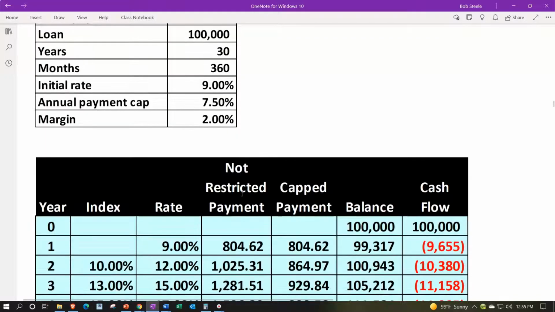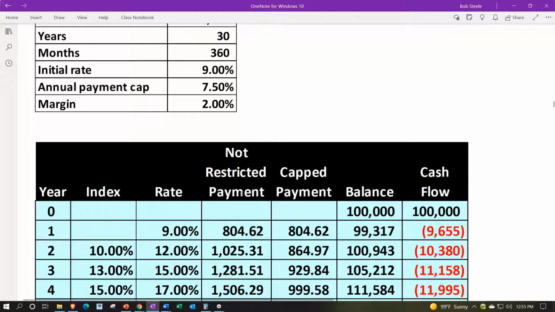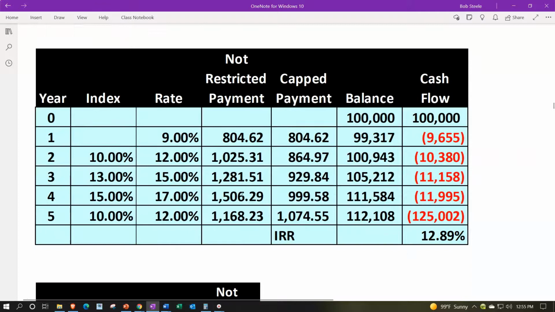So if we look at our table, this is an overview of the table. Then we'll go back in and go into a little bit more detail. It'll start off kind of similar to the prior ARMs that we have taken a look at, in that they're going to be based on an index. The index is something that we don't know up front, but it's going to give us some idea of what's happening on the market. Then our rate is going to be some multiple of it. In our case, the margin, 2% increase over the index.